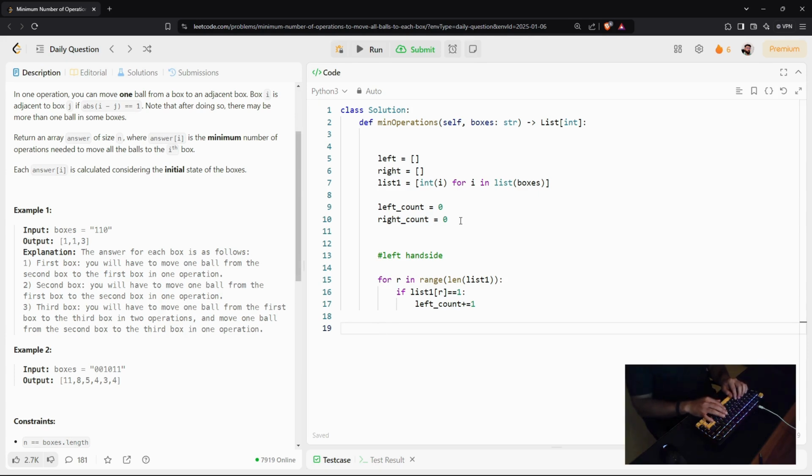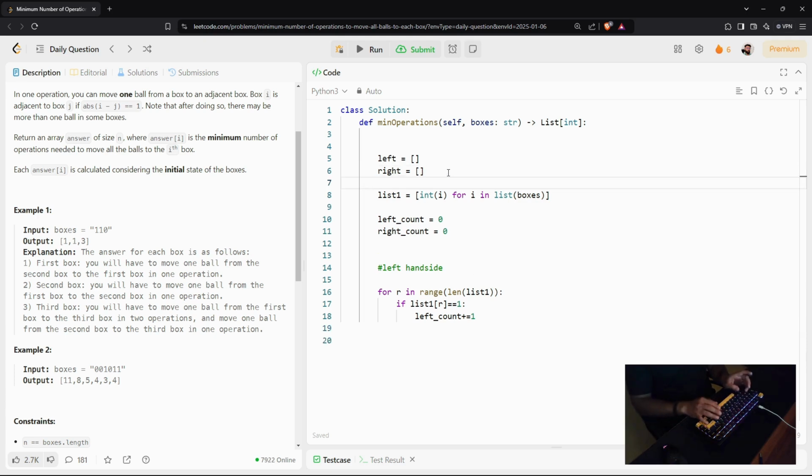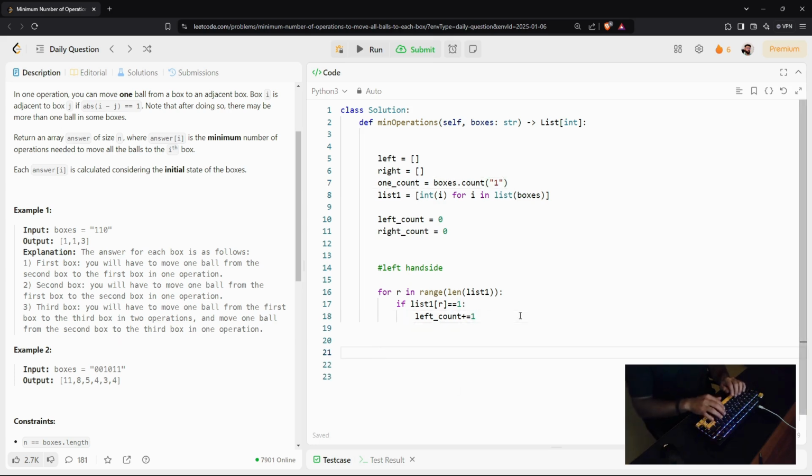Also, we need one more variable which will have the count of ones. We also need a count for that. One count is equal to... This is also crucial.